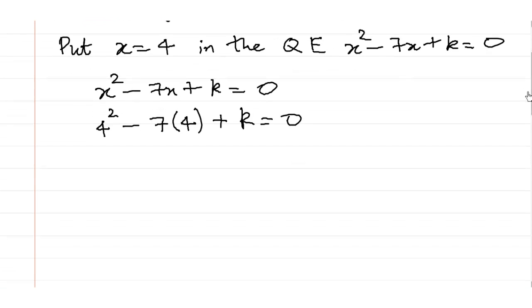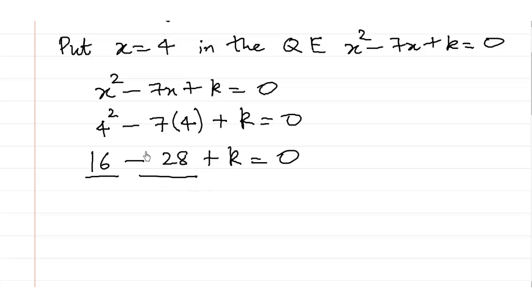So we have 4 square is 16 minus 7 fours are is 28 plus k is equal to 0. Plus and minus is minus. 28 minus 16 is 12. Sign of the greater one is negative. Plus k is equal to 0. Minus 12 goes on the other side. It becomes a plus 12. So we have k is equal to 12.